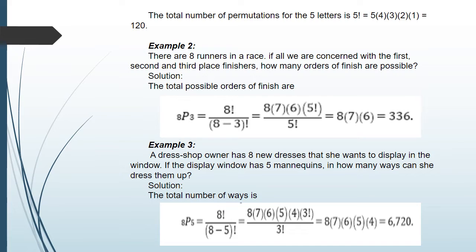Solution. The total possible orders of finish are 8P3 is equal to 8 factorial over the quantity 8 minus 3 factorial is equal to 8 times 7 times 6 times 5 factorial over 5 factorial is equal to 8 times 7 times 6 is equal to 336.